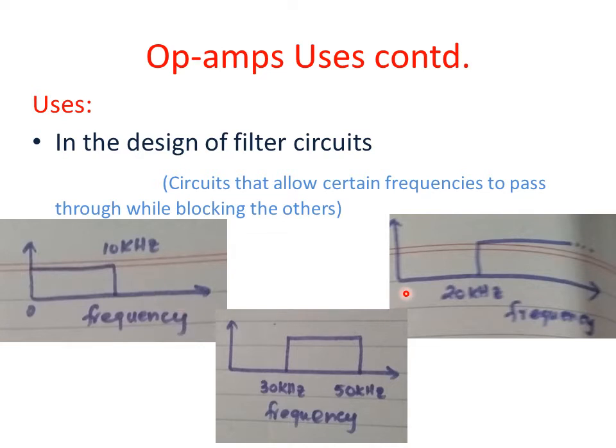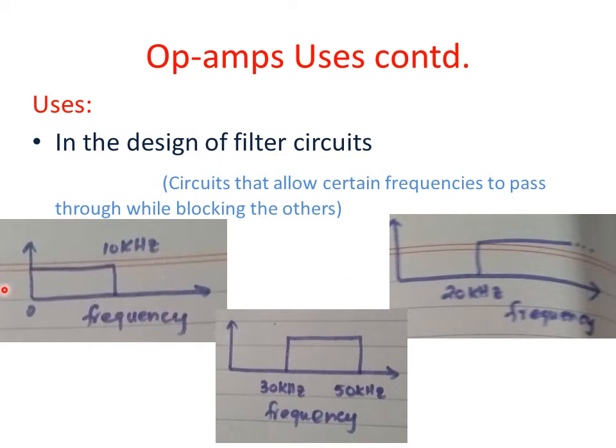Similarly, I have taken another example. In this type of filter circuit, all the signals below 20 kilohertz will be nullified, will be suppressed to zero. However, all signals equal to 20 kilohertz and above will be able to pass through the circuit.